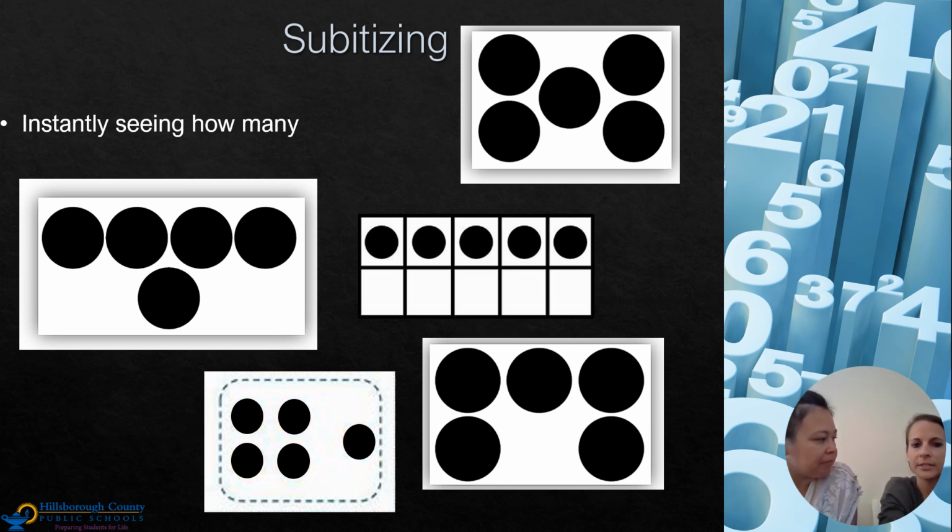A great way to practice this concept is to get dot cards or to include this in a number routine, something you do daily to get them used to seeing the different numbers and the different number of dots. So if I hold up one of those dot cards, they should quickly be able to say there's 5 dots on that card. Okay, well then you could even further it. How did you see the dots?